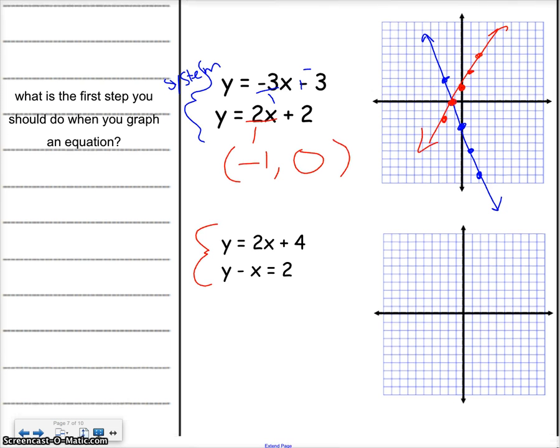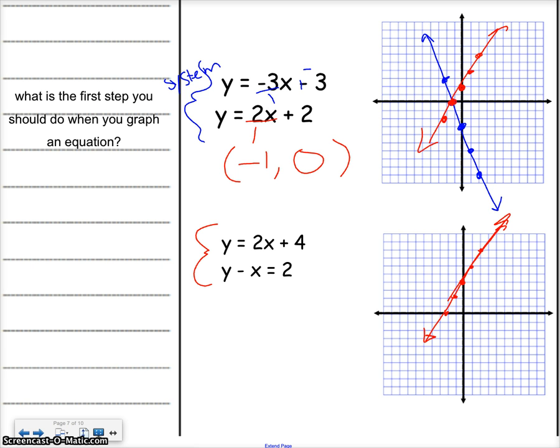So the first line, I have a y-intercept of 4, 1, 2, 3, 4. A slope of 2, up 2 over 1. 1, 2 over 1, down 2, other one. Wait, I went down 1 over. Down 2 over. There we go.